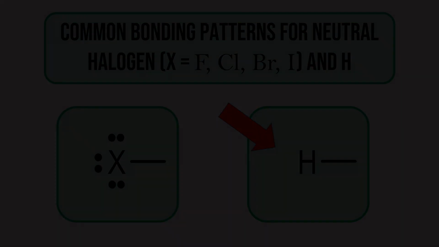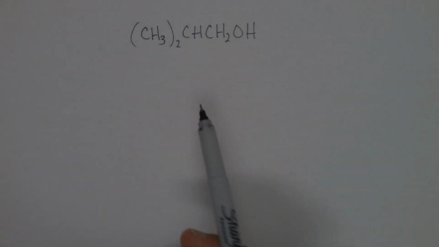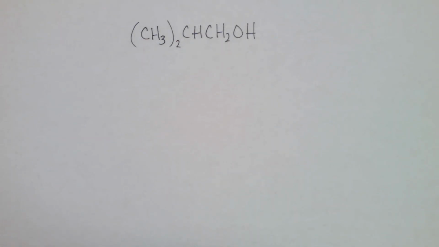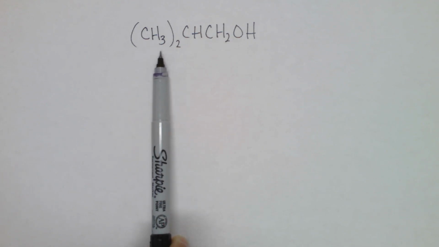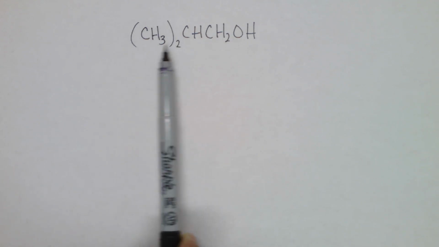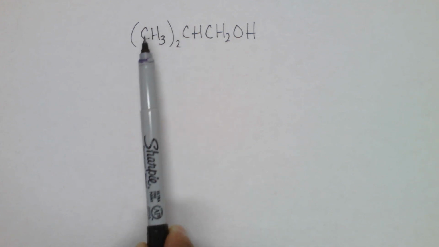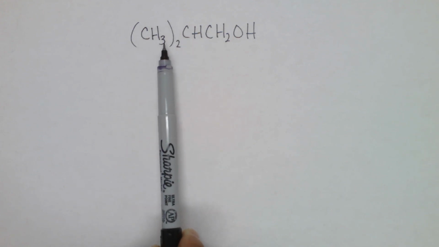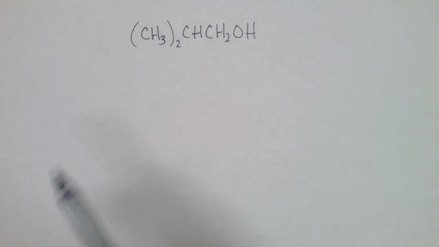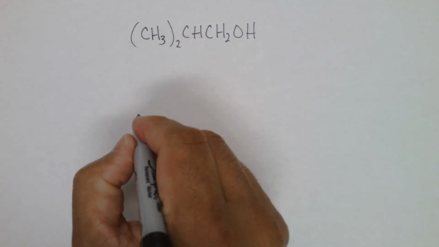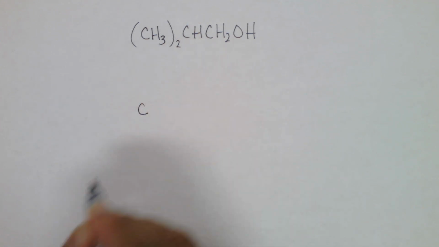Now, let's do some examples. Let's convert this condensed formula to a Lewis structure. We've seen this already. When you have groups of atoms in parentheses at the beginning of a condensed formula, this typically means that these groups are bonded to the first carbon atom in this chain here. So for this carbon atom, I'll go ahead and draw it right here.